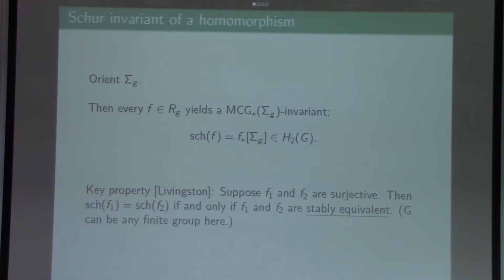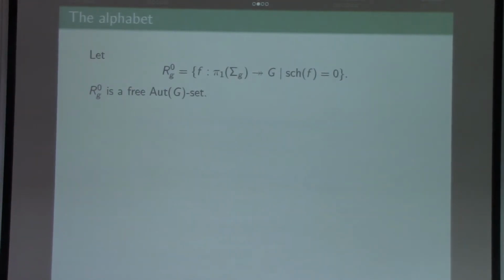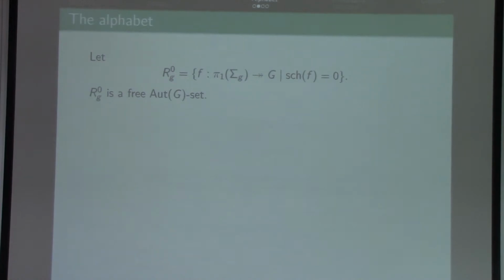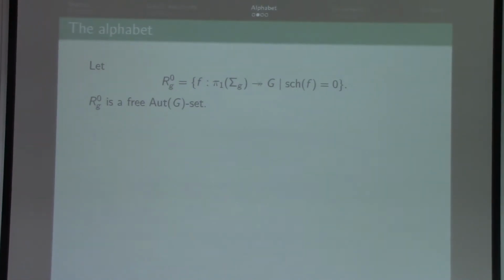So that's the kind of topology that's lurking behind this, and why it's useful. Once we have that, we can define our alphabet. What we're going to look at are surjections from sigma g, which is one of these small surfaces, to G, and we only want ones that have a trivial Schur invariant. If you think about it, this is a free Out(G)-set.